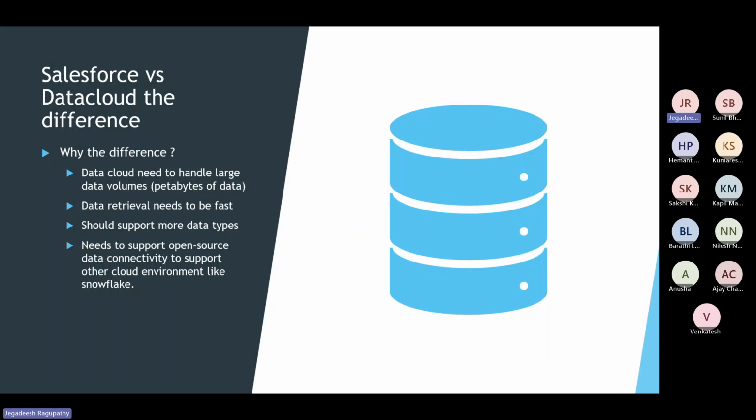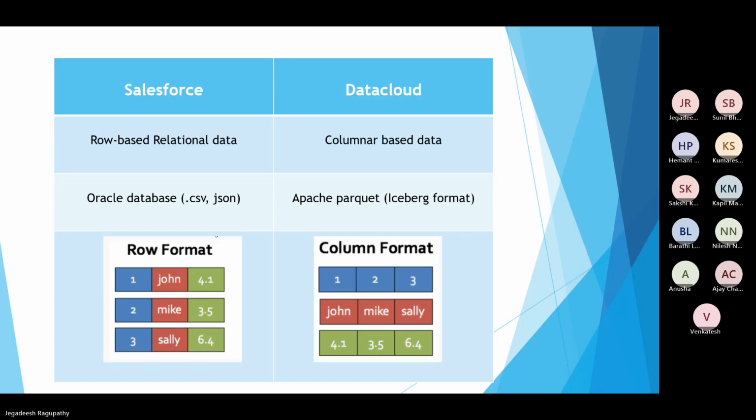Let's move on to another slide. This is the entire difference when we consider Data Cloud. Salesforce works based on row-based relational data. We all know how a relational database works, the traditional RDBMS with foreign keys between different tables. But Data Cloud is not using that row-based relational database management system.